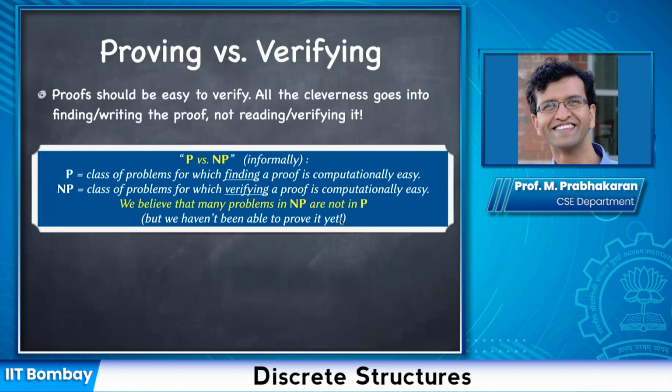Unfortunately, this is a claim that we don't know how to prove yet. It's widely believed to be true. There are a lot of compelling reasons to believe it's true, but we don't have a proof. So for all that we know, the statement might be false.